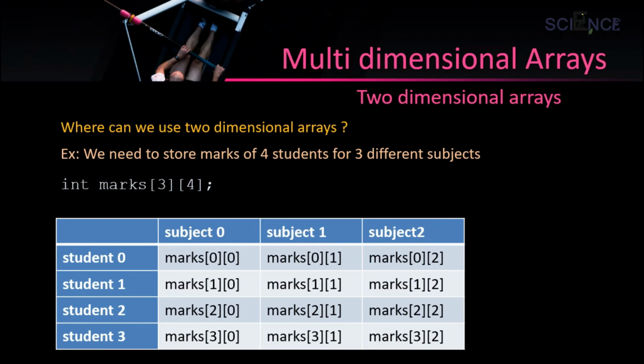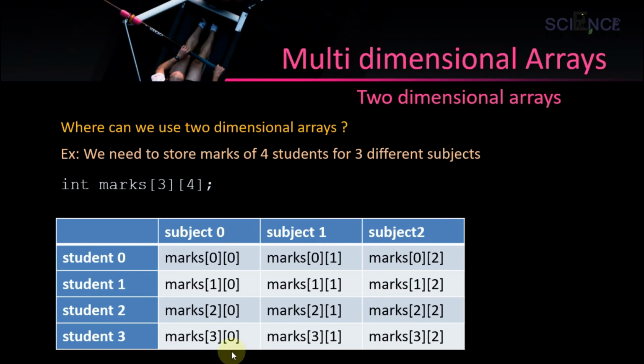How many cases will there be? There will be 12 cases, right? Because I have 4 students and 3 different subjects, so all the cases are 12. Each and every one of these cases I need to store, so I need to have a 2D array, right?